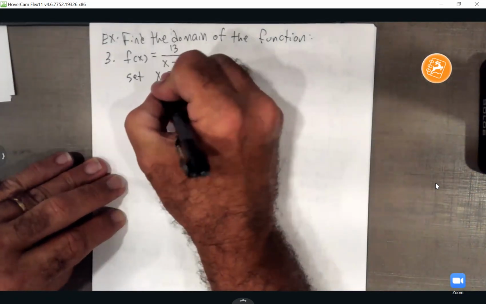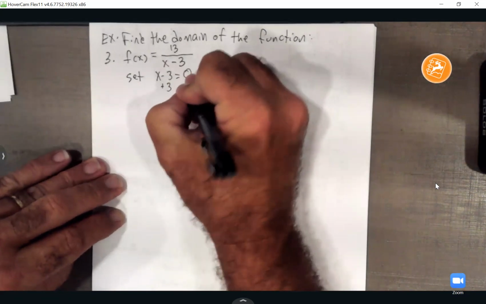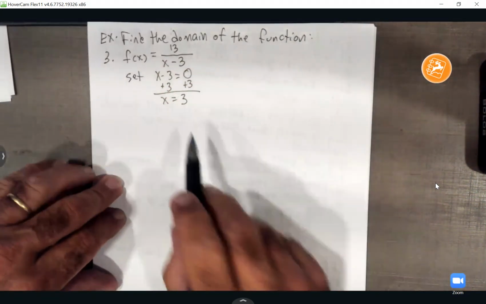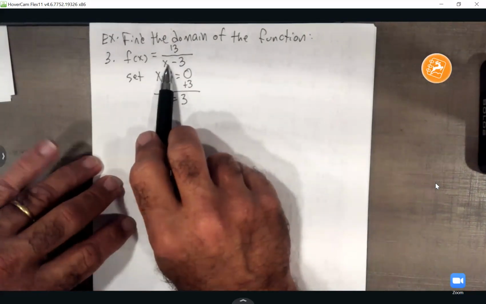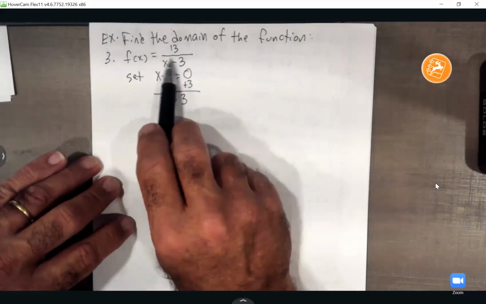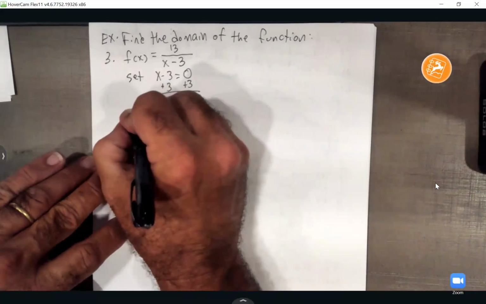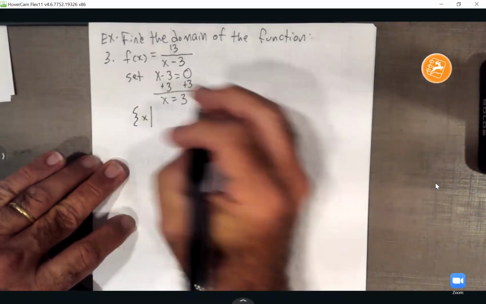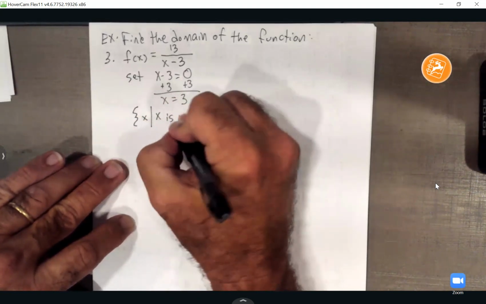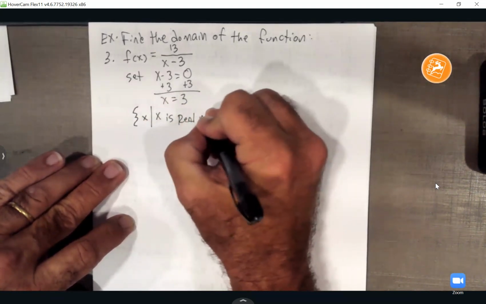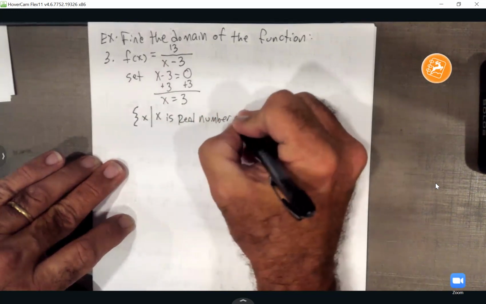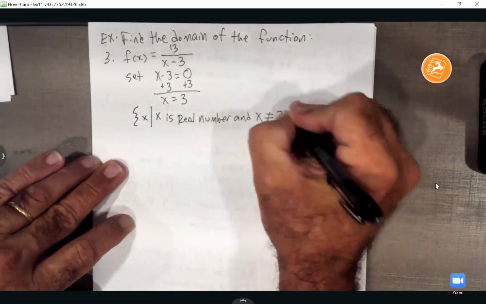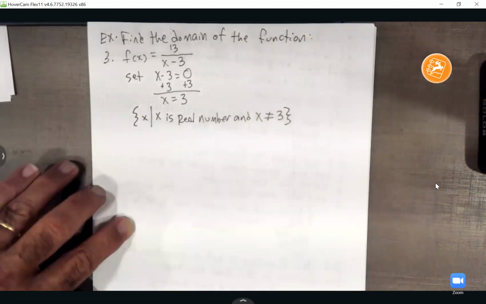You add 3 to both sides, and it gives you x equals 3, a positive 3. That means 3 is the only number I can't put in there, because when you put 3 minus 3, you get a 0. So you're going to say x such that x is a real number and x cannot equal 3.